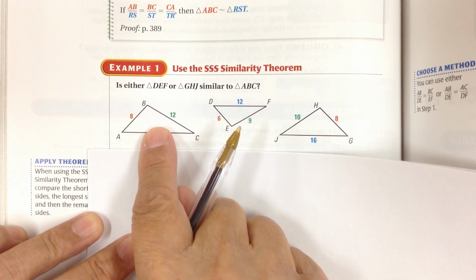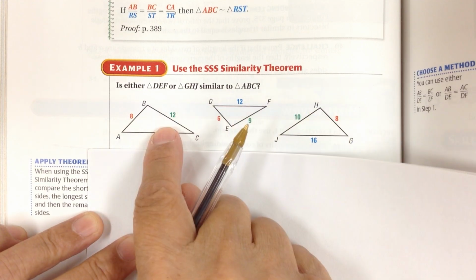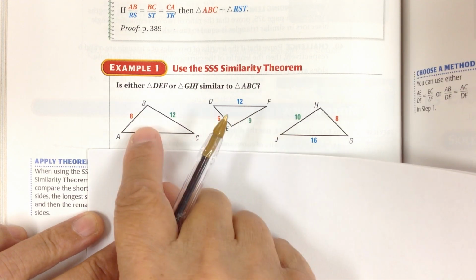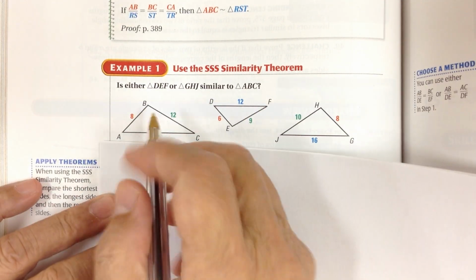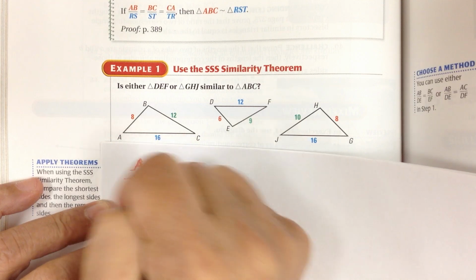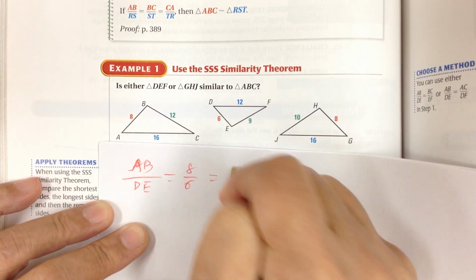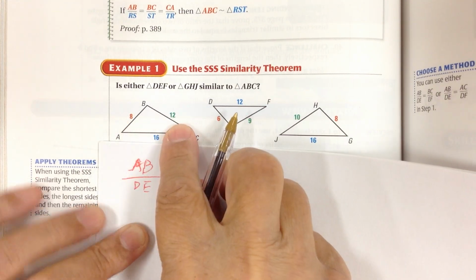So you want to see if this is similar to ABC. Let's go and see. They use the compare method. So this over this is 8 over 6. So AB over DE is equal to 8 over 6, equal to 4 over 3. That's the shorter side. Let's do the medium side.